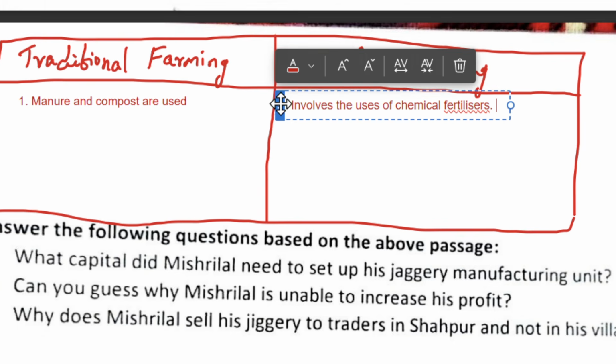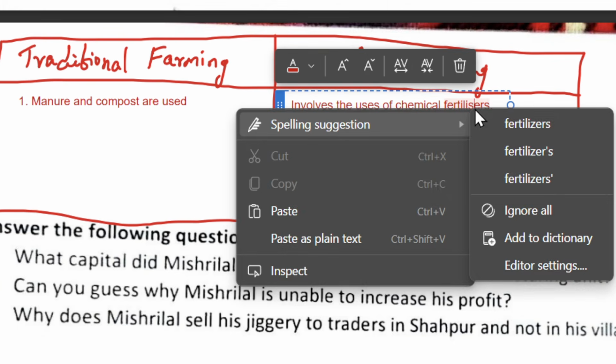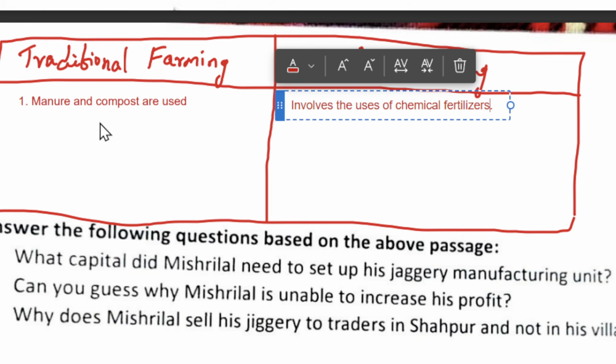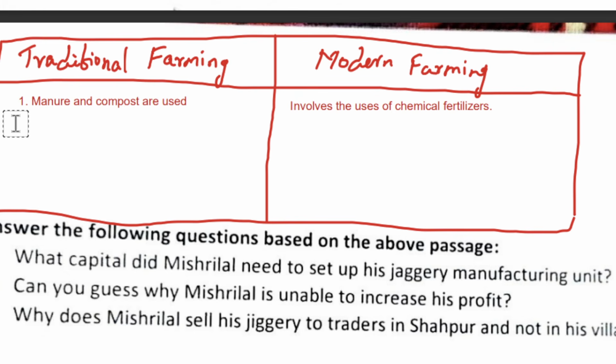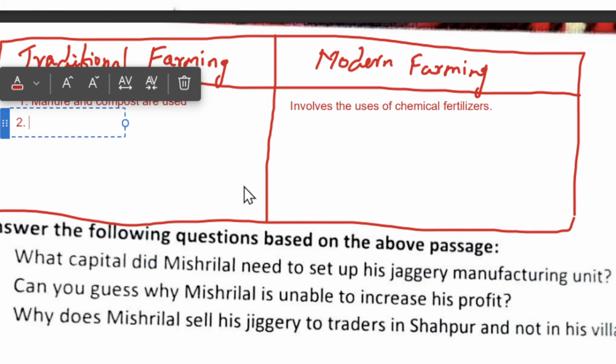Chemical fertilizers. Okay, for this fertilizer spelling is also correct, but sometimes in Google it will ask you to do with Z. So both S and Z are correct only. You can always spell fertilizers with S or Z. Both are correct. Okay.